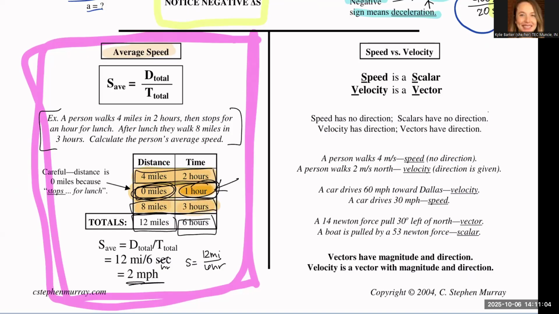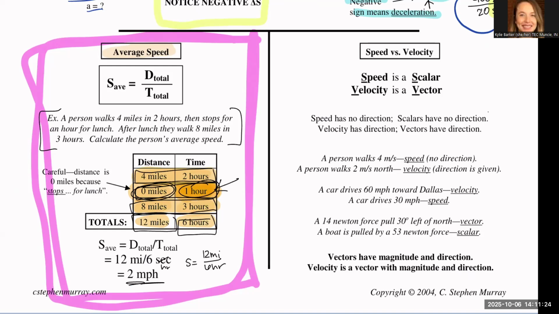So we're just figuring out the total distance, 12 miles, 4 plus 0 plus 8. The total amount of time, 6 hours, because again, we want to make sure we include this 1 hour right here. The 2 and the 3 make sense. Sometimes people forget the 1, so that's kind of the whole point of this.